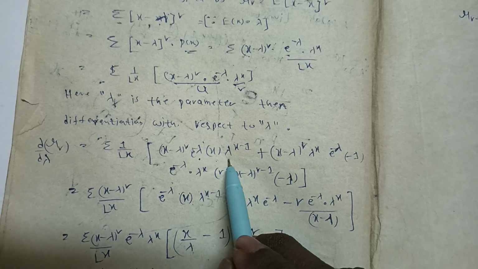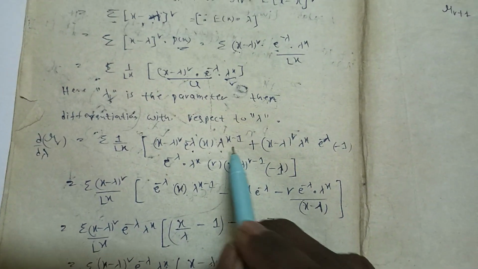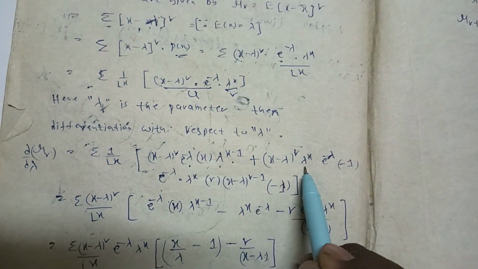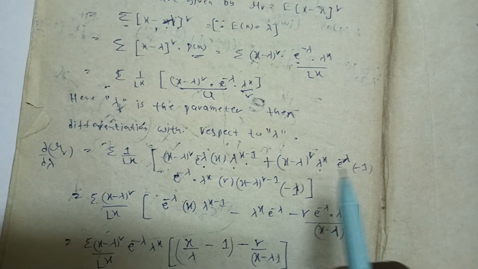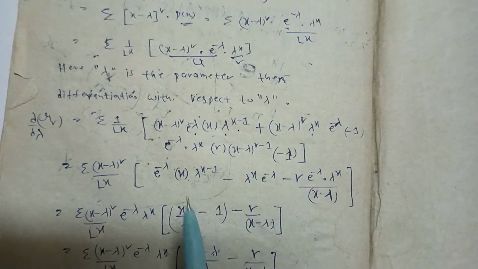So x into λ^(x-1), if you differentiate with respect to λ, plus (x - λ)^r, and λ^x is a constant, then you will get the value as minus 1 like this.